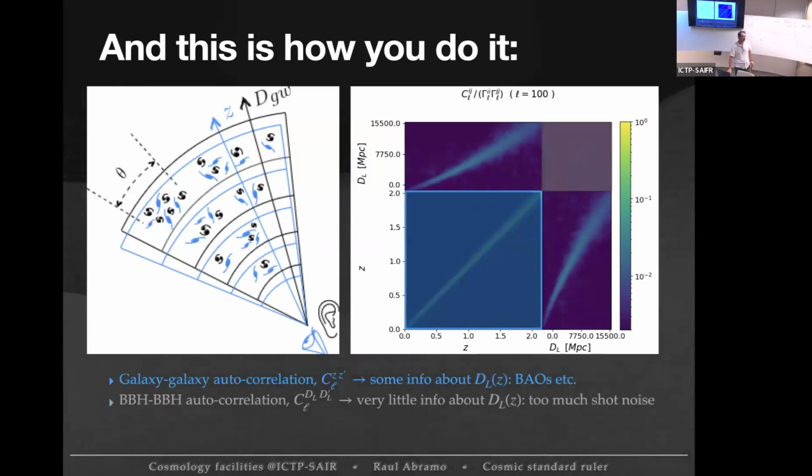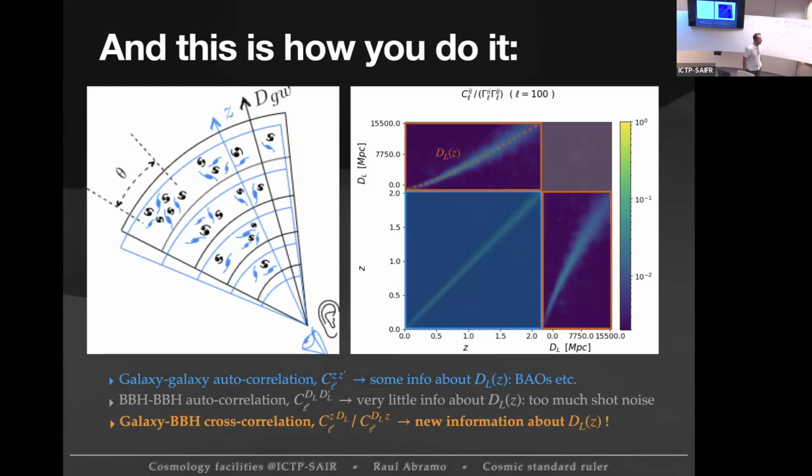There's little information in the auto correlation of the black holes with themselves, but for the galaxy black hole cross correlation, the peak of that correlation is dL of z, pure and simple. That peak corresponds to the highest probability that the z of a galaxy will correspond to the d of some black holes nearby.